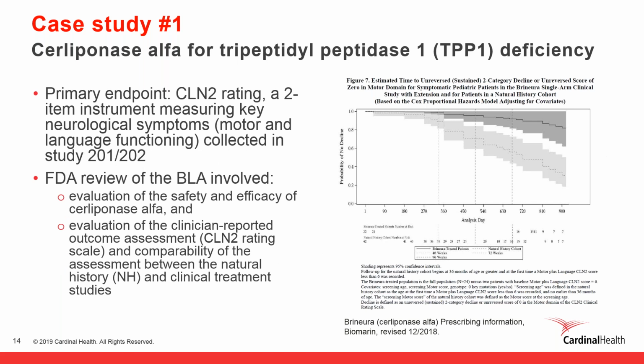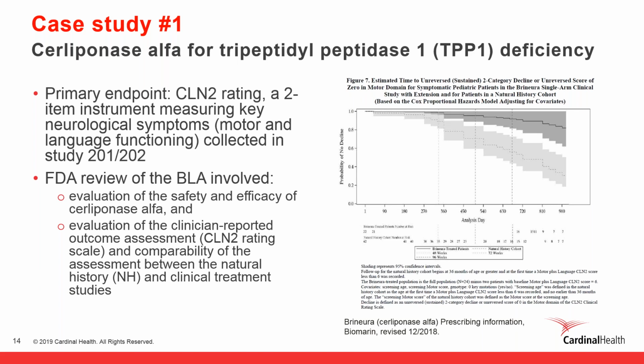So the primary endpoint was a clinical instrument that was used to collect data on 4 critical domains to the functioning of these patients, of these children. It had to do with motor, language, visual acuity, and seizures. And those 4 domains were what was captured and measured in the trial itself, in the phase 1/2 trial.